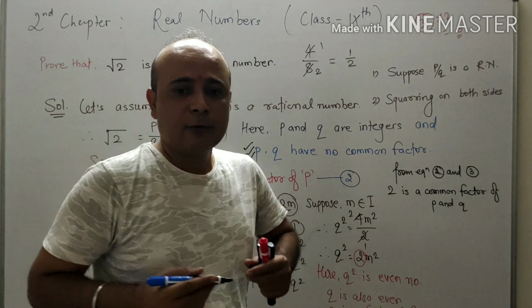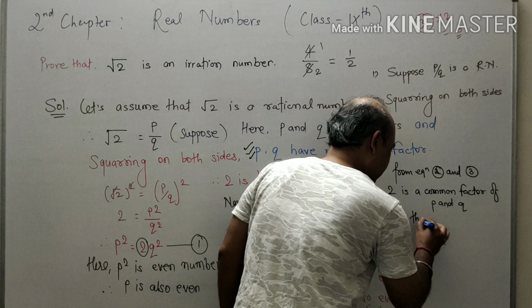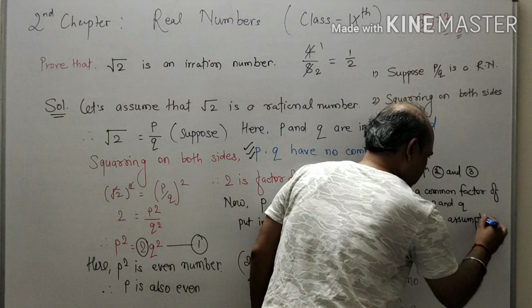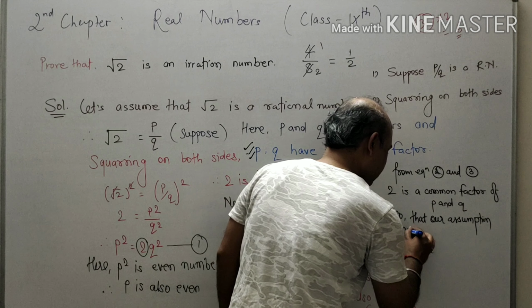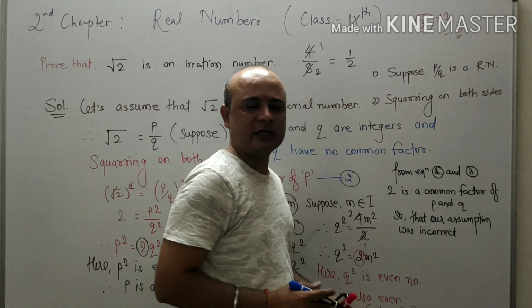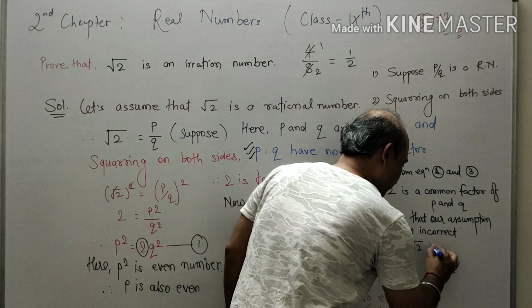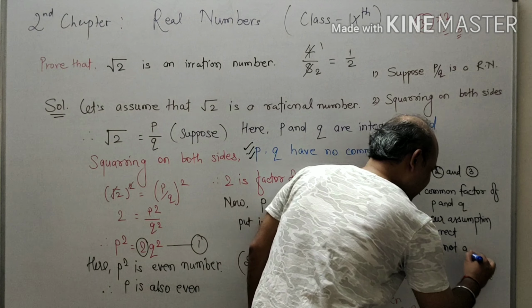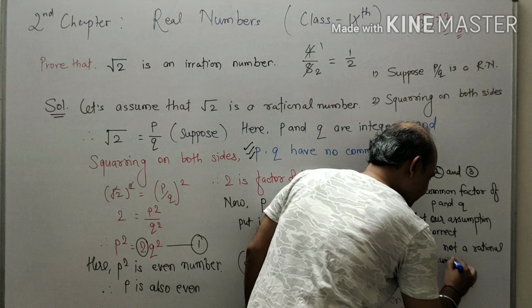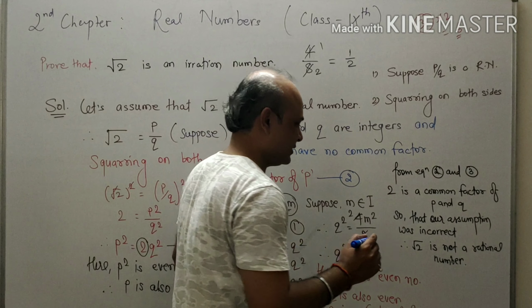Therefore we can say that our assumption was incorrect, and therefore root 2 is not a rational number. Therefore we say that root 2 is not a rational number, it is an irrational number.